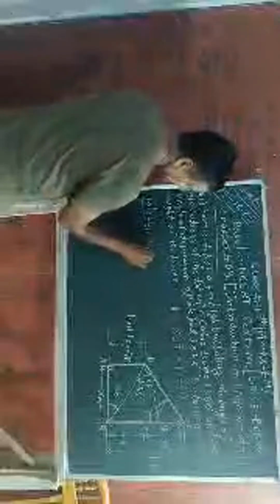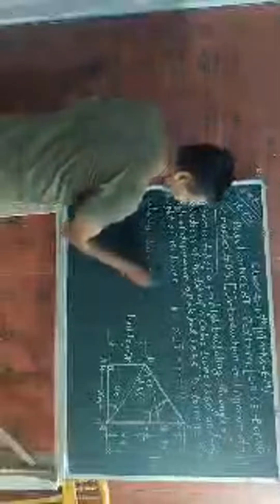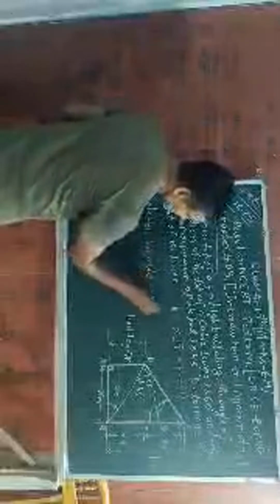Now further I will consider the right angle triangle DAB. This is DAB, and I will use tan 45 degree because here tan 45 degree is given.